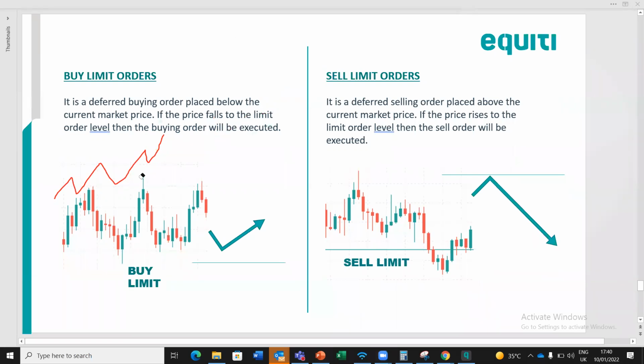Beautiful. But in buy limits, it is not so. So in buy limits, you have actually noticed that okay, whenever the market gets to this particular level, whenever the market gets to, just giving you an instance now.